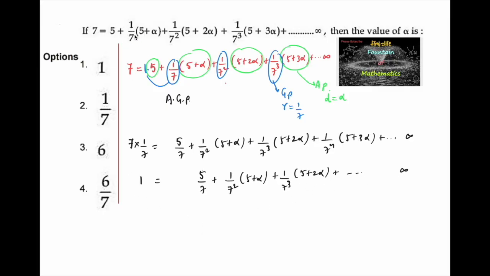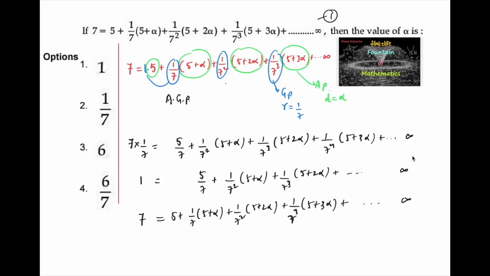Let us subtract from equation 1. So we can write 7 is equal to 5 plus 1 upon 7 of (5 plus alpha) plus 1 upon 7 square of (5 plus 2 alpha) plus 1 upon 7 power 3 of (5 plus 3 alpha) and so on up to infinity.